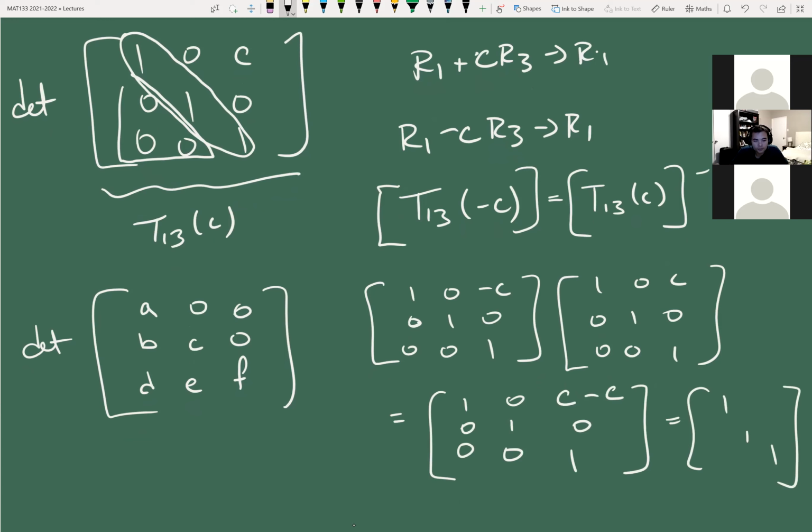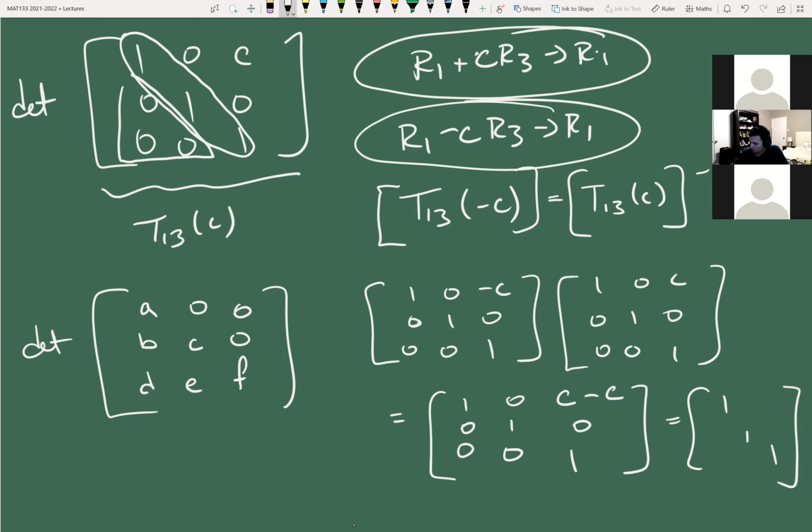And again, the reason I was able to guess this without actually doing any computation is because I know that T13C does the row operation, by definition, row 1 plus C times row 3. So its inverse should just undo that row operation.